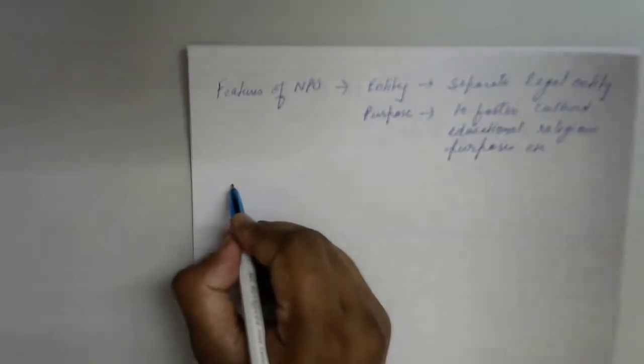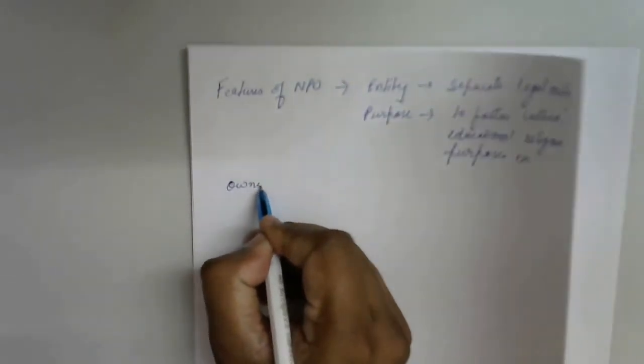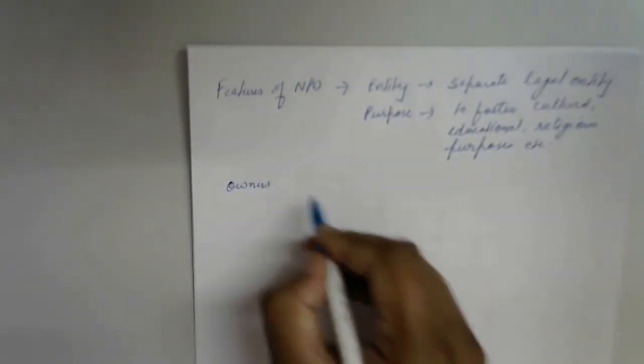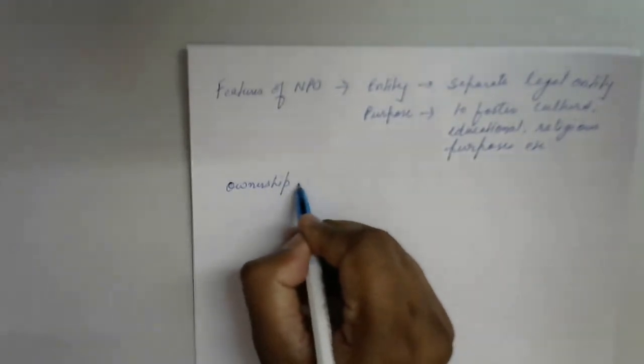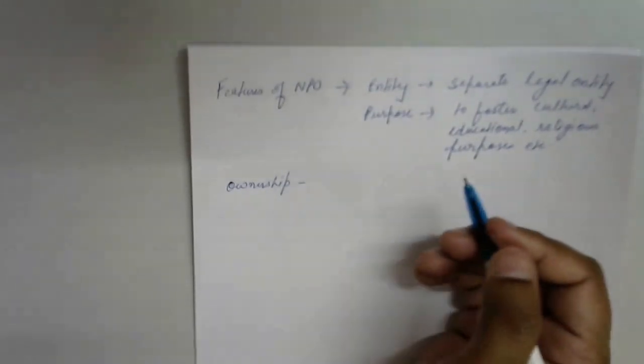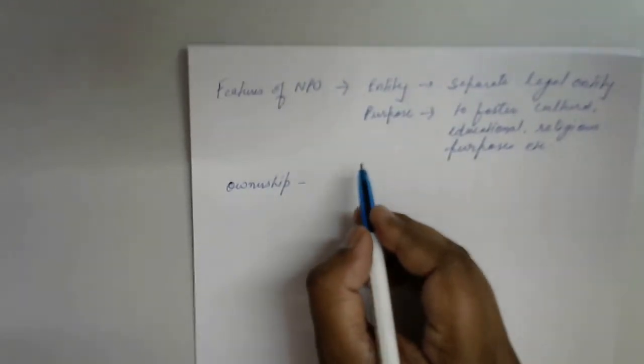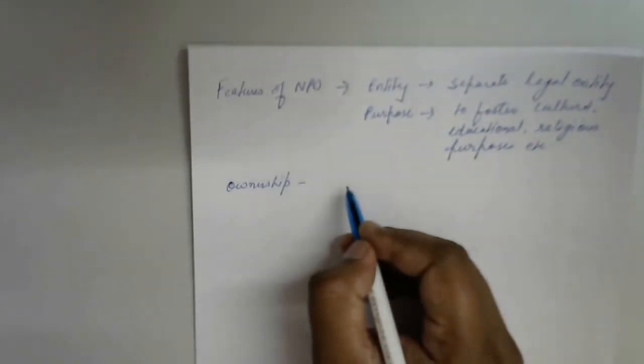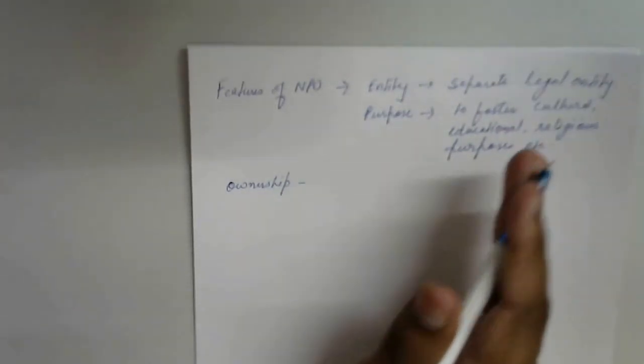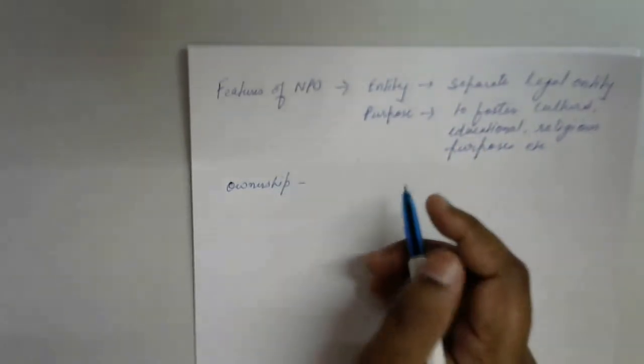Who owns NPO? Ownership. It is set up as a charitable society or trust. Thus, it is not owned by an individual or group of individuals, but belongs to the society.